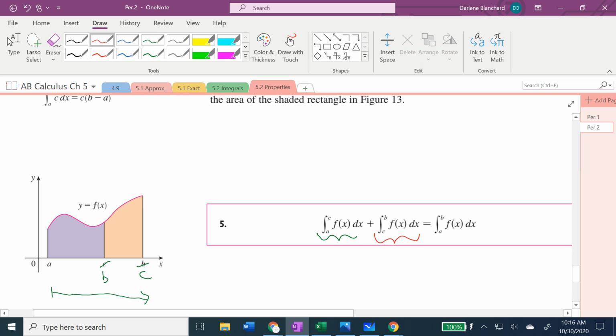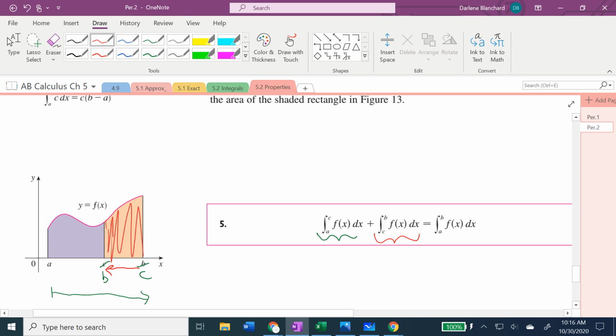The integral from c to b, if I have it in this order, that's the reverse order. I have a negative width. So I'm actually getting the opposite sign of the area that I was supposed to get here.